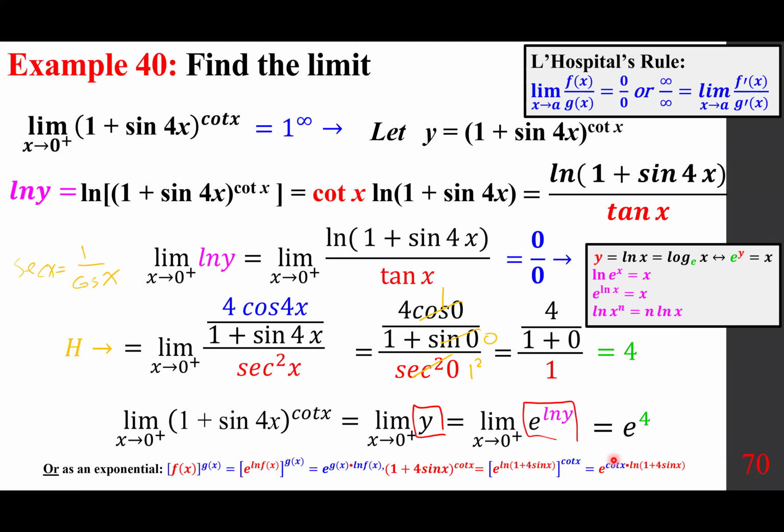If you want to take a limit of this expression, showing that this expression is the same as this expression, now you can take the limit as x approaches 0 from the right of that expression. If that helps, again, that's absolutely up to you, everybody.